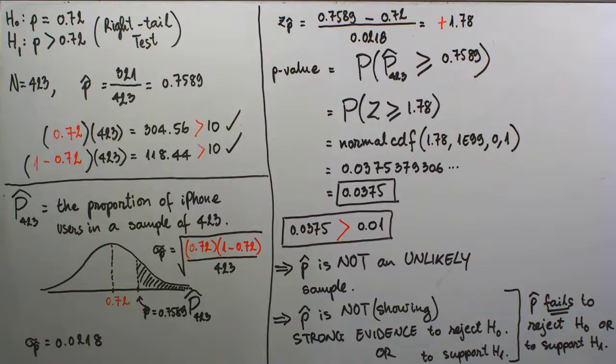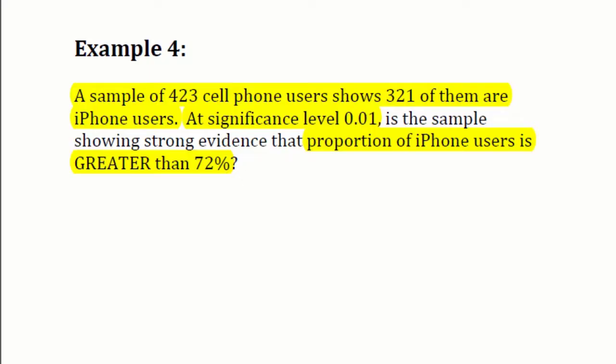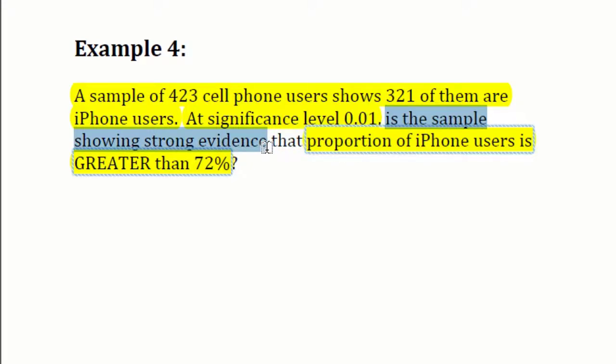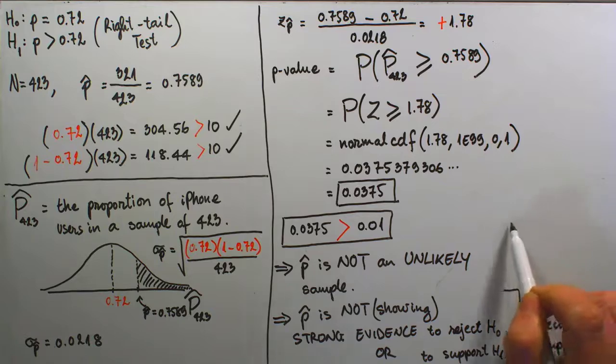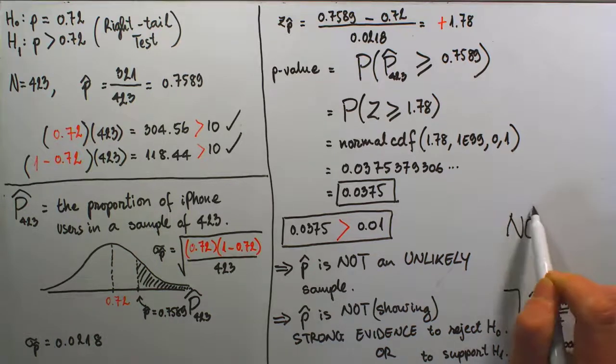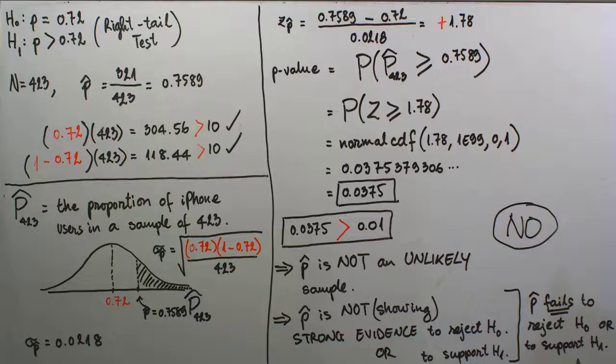That's another way of saying it. And now ultimately back to the wording of the question. We're asked as a yes or no question, is the sample showing strong evidence? Apparently our sample is proven to be not showing strong evidence. So the answer to that ultimate question now is no. Our sample is not showing strong evidence here.